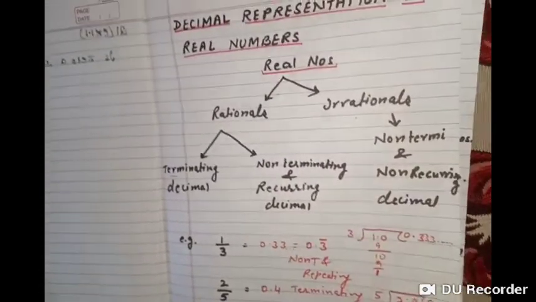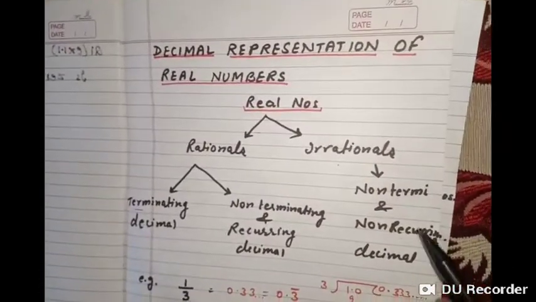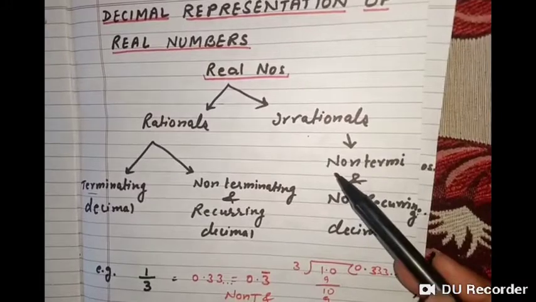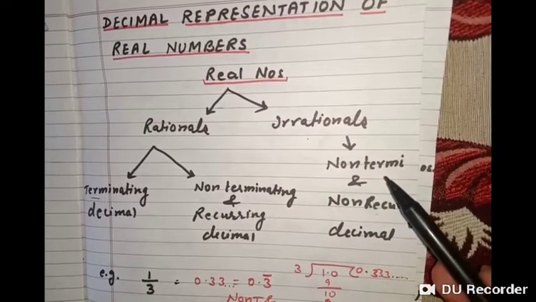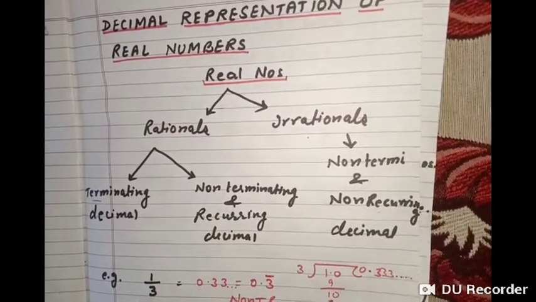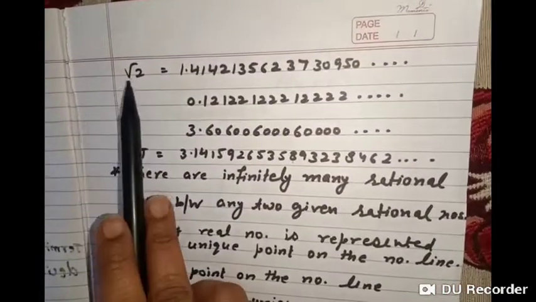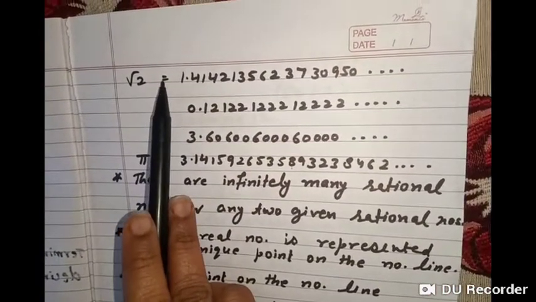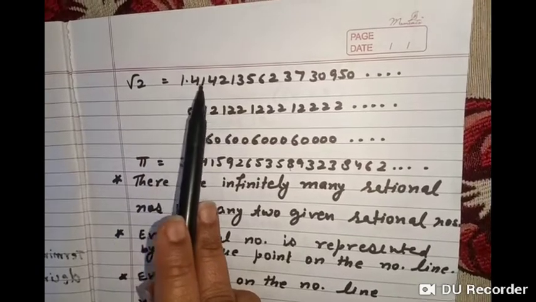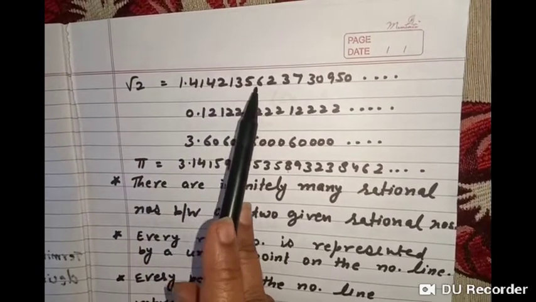Now, the examples of irrational numbers, which I told you are non-terminating and non-recurring. So see some examples of irrational numbers. Root 2 is equal to 1.4142135662.